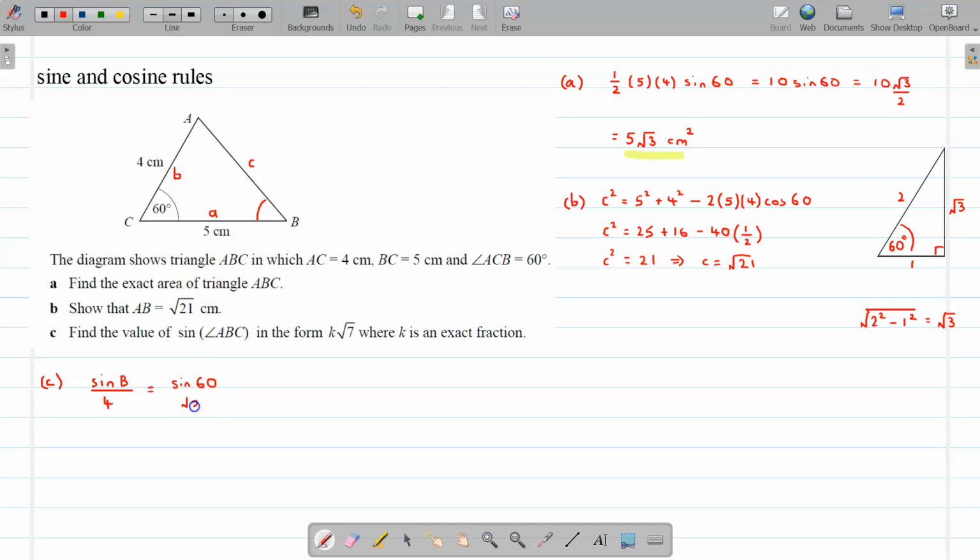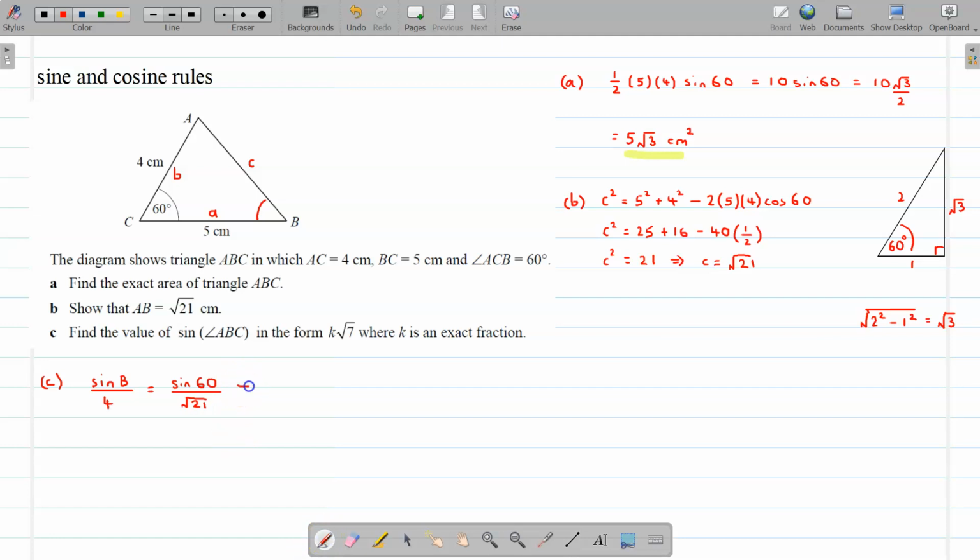So I'm basically using sine B over b equals sine C over c. And I just have one unknown in there, which is sine B. So I've just got to rearrange that.